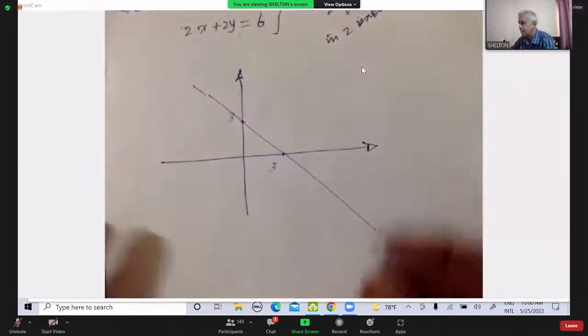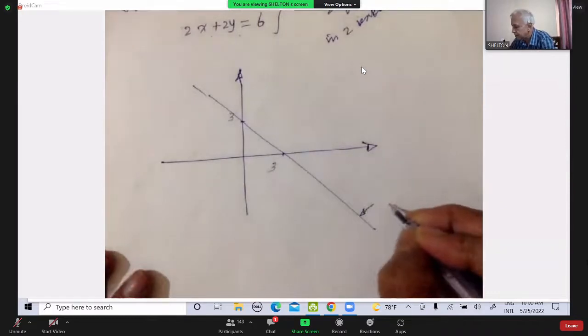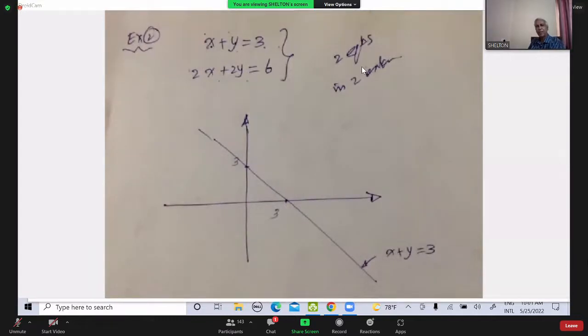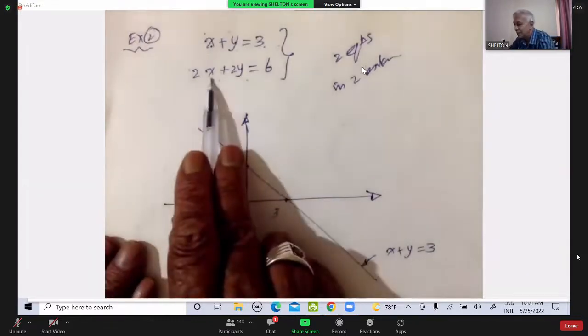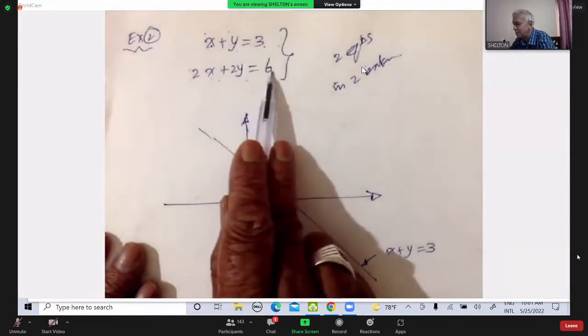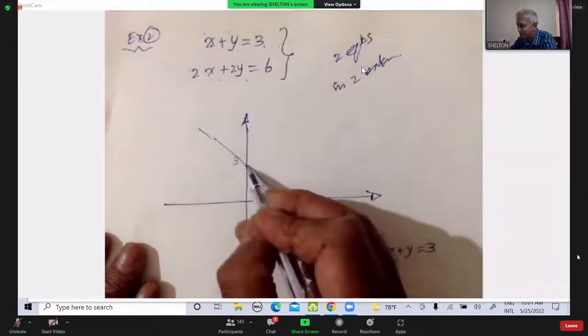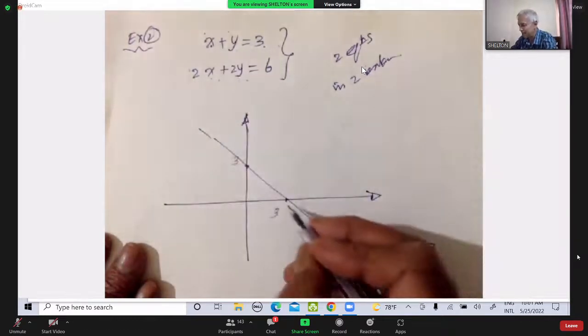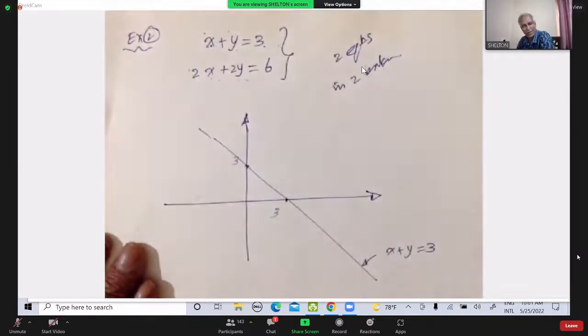This is x plus y equals 3. Now draw the second equation, 2x plus 2y equals 6. When x is 0, 2y equals 6, y is 3. When y is 0, it's the same equation in a sense.